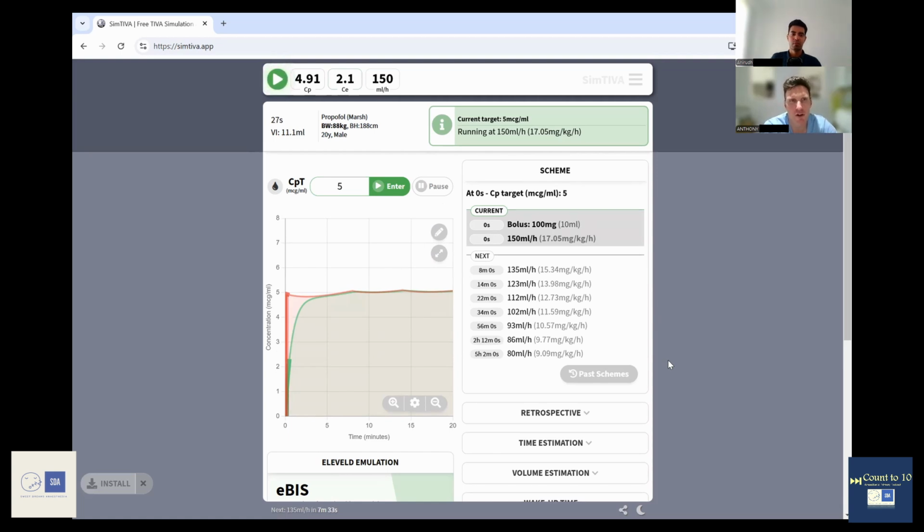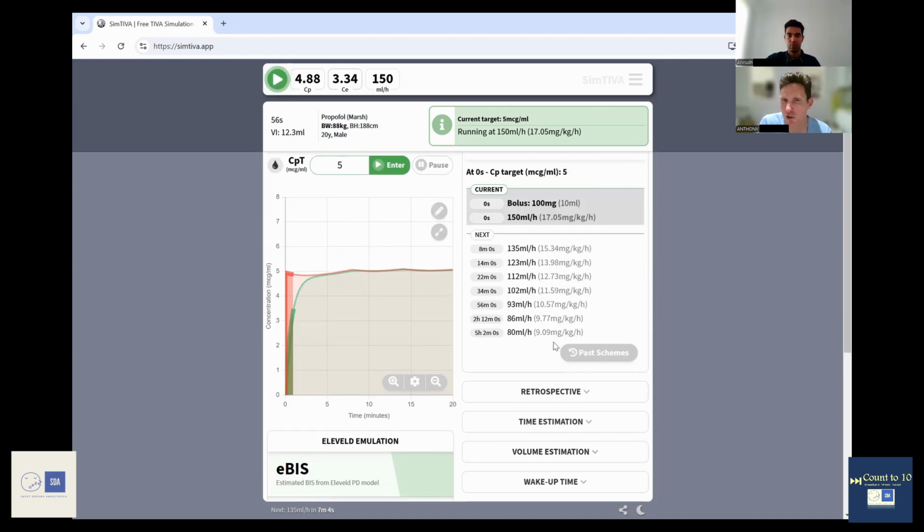If you have a Marsh model, the age and the height and the sex are irrelevant. Marsh only changes parameters based on the weight that you input. The reason I chose 88 kilograms as an input is because if you have an 88 kilogram input weight, it just so happens that the volume for V1 ends up being about 20 litres, and that makes the maths easy. If you're calculating your bolus dose, think about the 20-litre central compartment as being a bucket, 20 litres high.